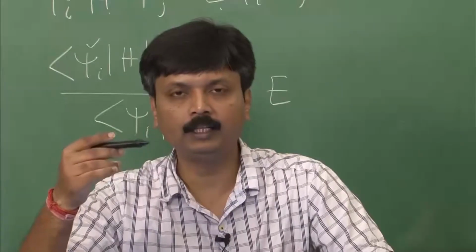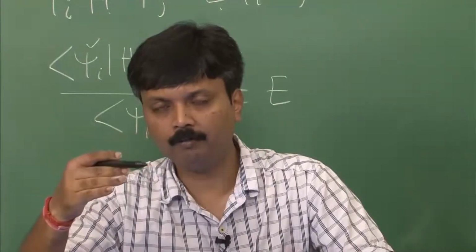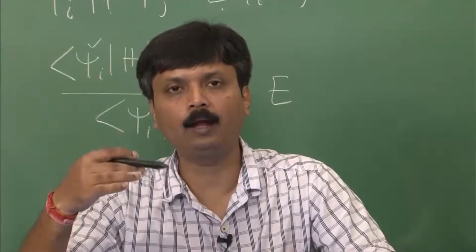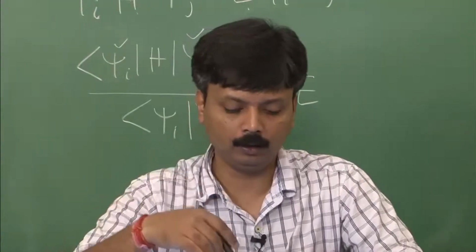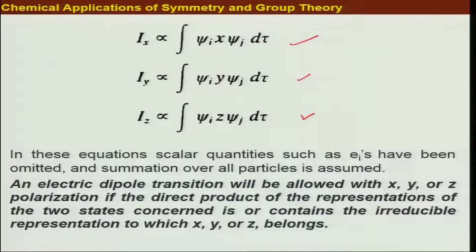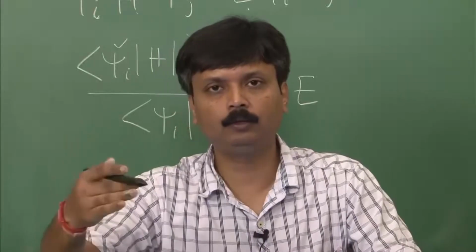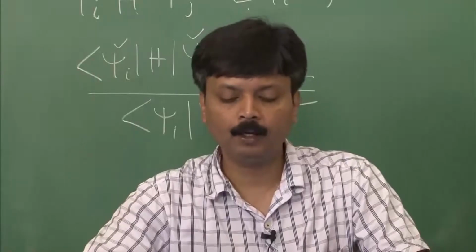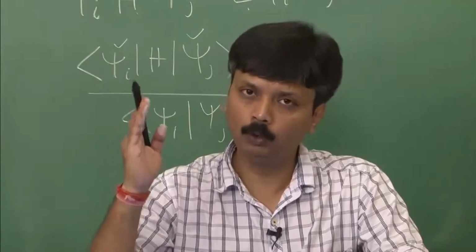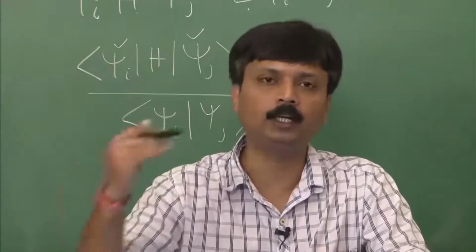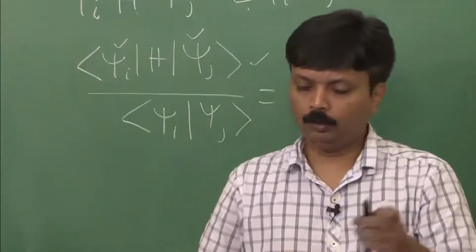Or suppose it is surviving for the integrals involving x and y, but the integral results in 0 for the z axis, then we say the transition is polarized in the xy plane. So, that means if we come with light which will cause the transition from one state to another, and the electric field vectors of this light are polarized in those directions, then only we will have the transition. Okay.